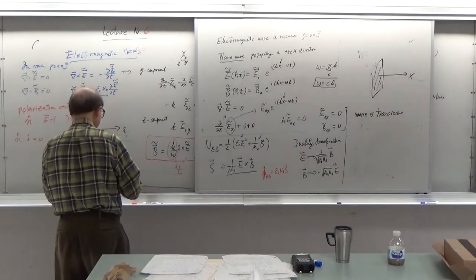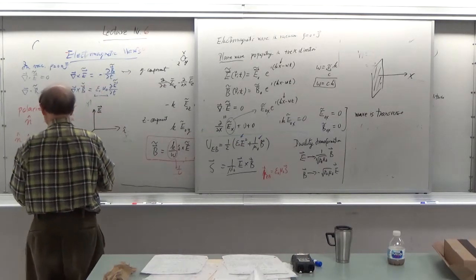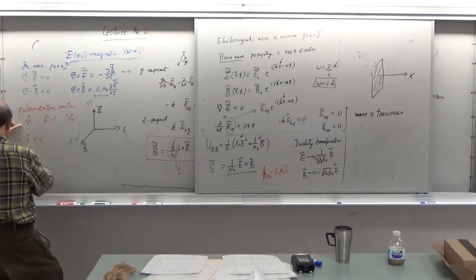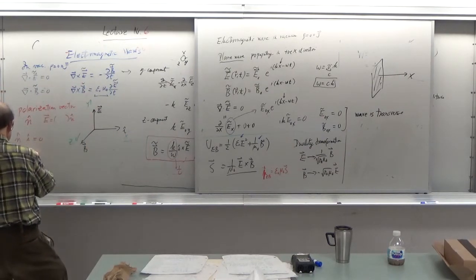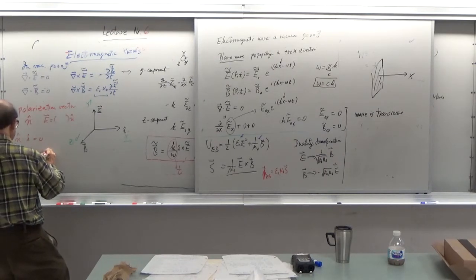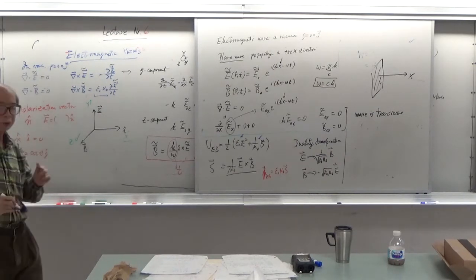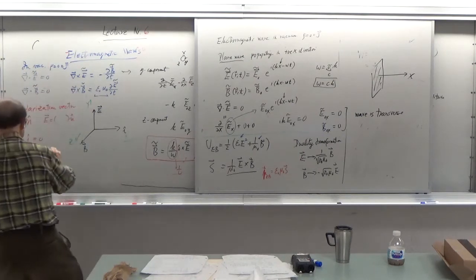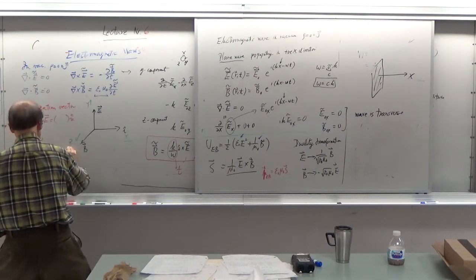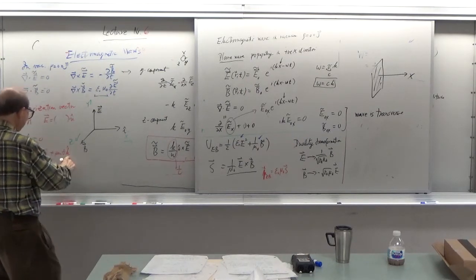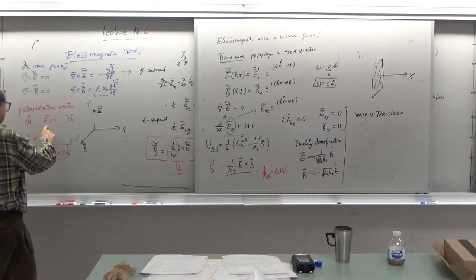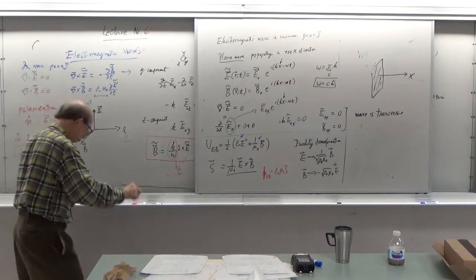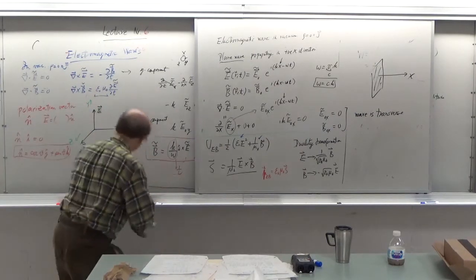So n hat can only have y and z components, so it can be written as cosine of a certain angle theta times j hat, the unit vector along the y direction, plus sine theta times k hat, the unit vector along the z direction. The electric field E is along this direction, as far as the direction is concerned.